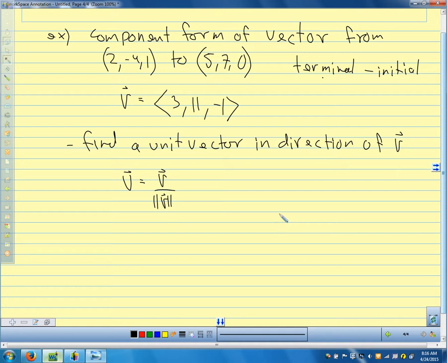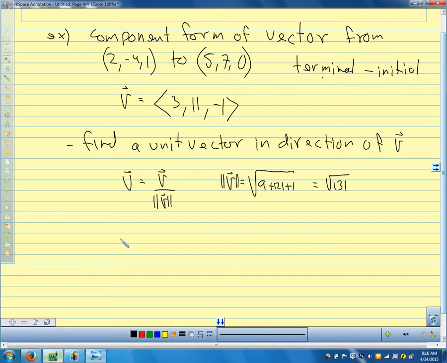So the magnitude of v equals the square root of 9 plus 121 plus 1. Just square each of these. So what do we get? 131.